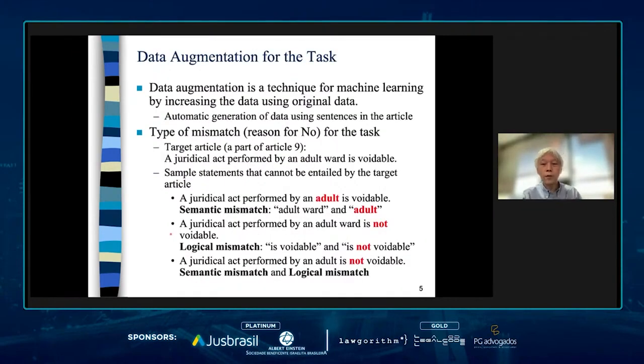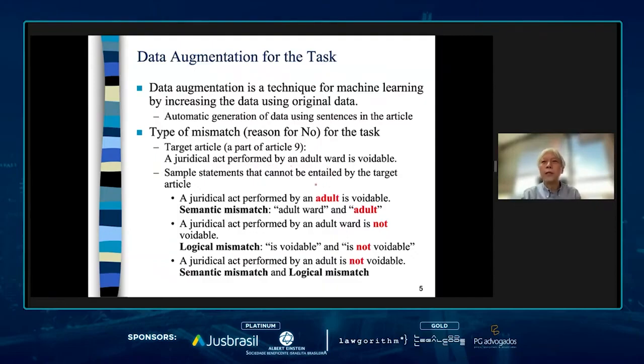In order to make new training data systematically, we classify the types of mismatch for entailment. This kind of data making process is called data augmentation, a machine learning technique that increases the data using the original data. There are two types of mismatch for making such pairs. This is an article: a judicial act performed by an adult ward is voidable.